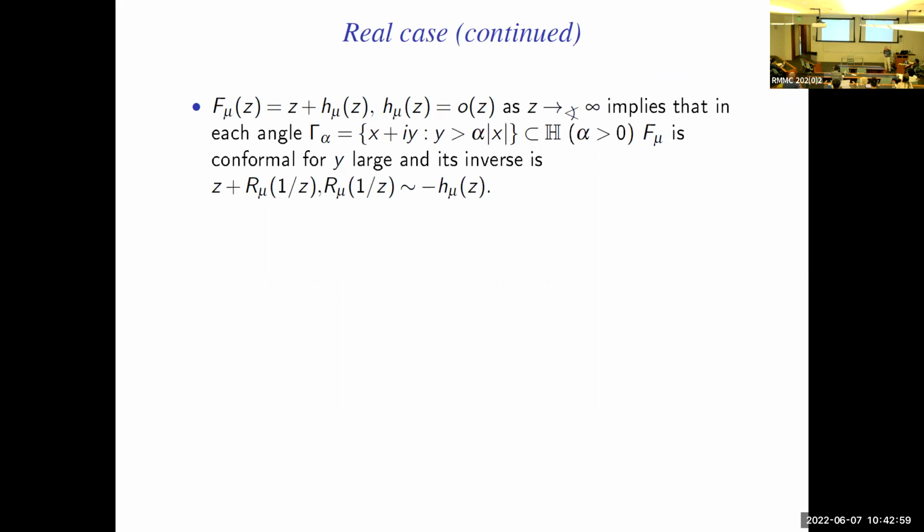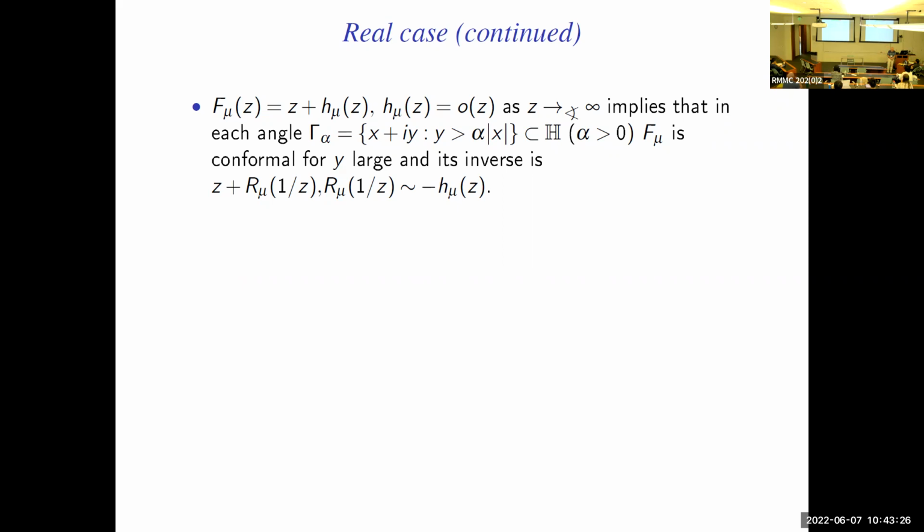And its inverse is going to be z plus R_mu of 1 over z, where R_mu of 1 over z is going to be approximately minus h_mu of z as z goes to infinity non-tangentially. So this squiggle that I'm going to use several times means that the two functions are asymptotic as z goes to infinity. Is this obvious right away?